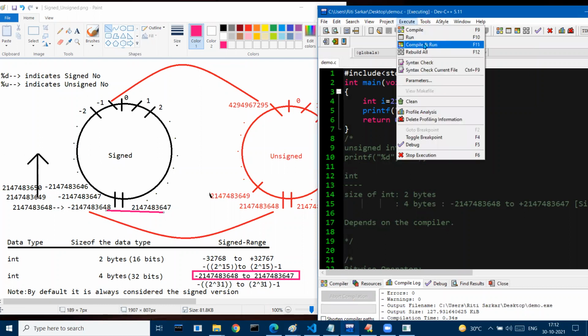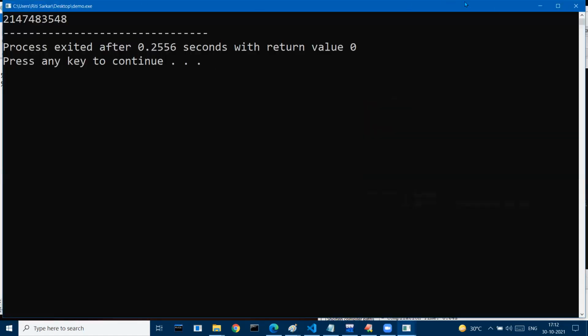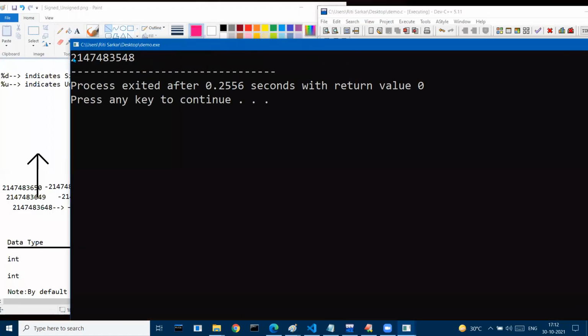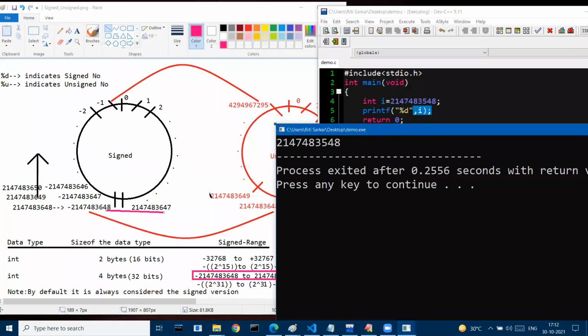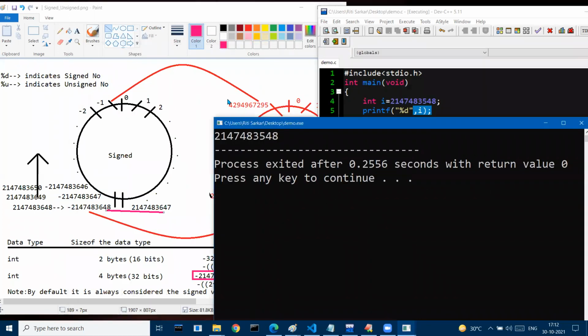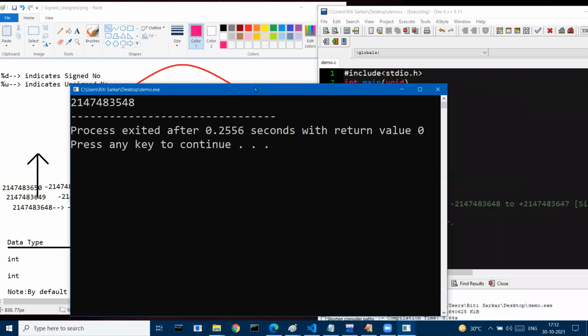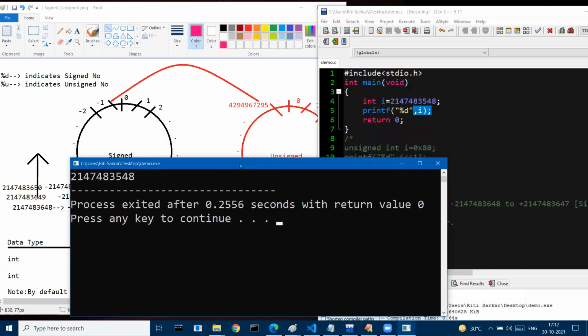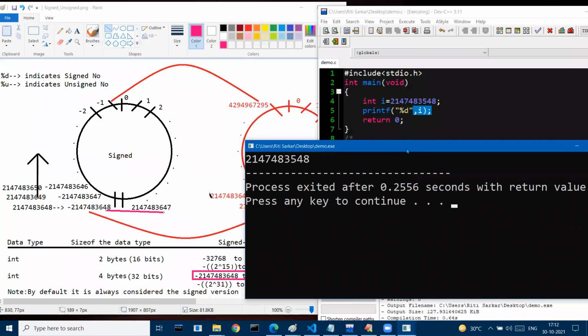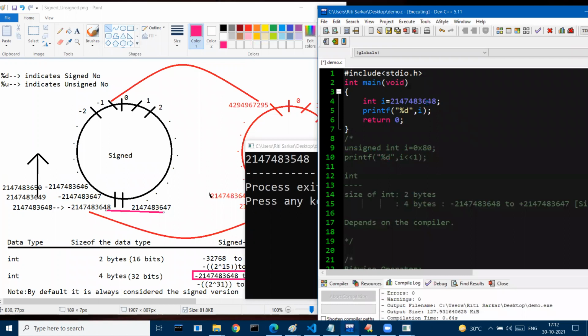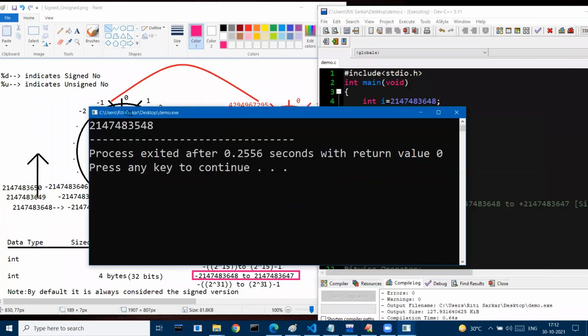Execute, compile and run. Let me compile and run one more time.